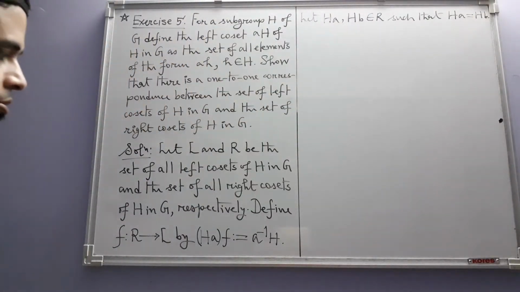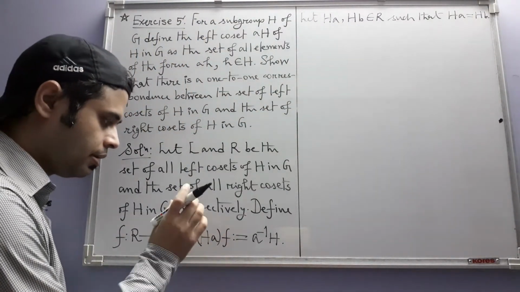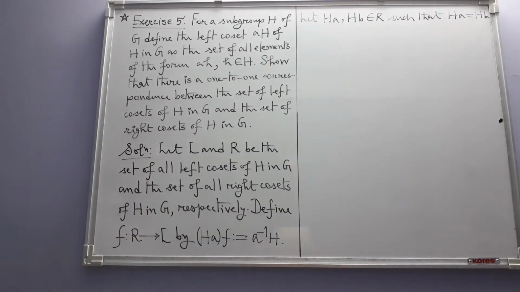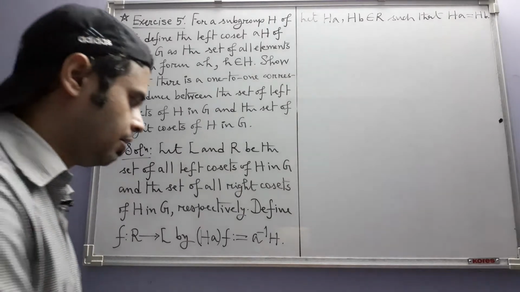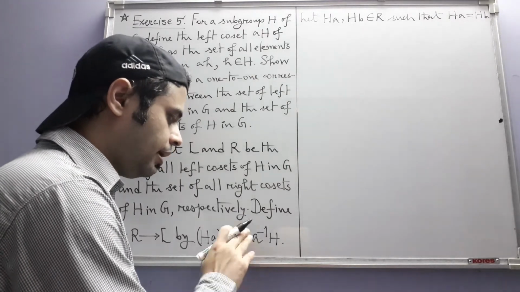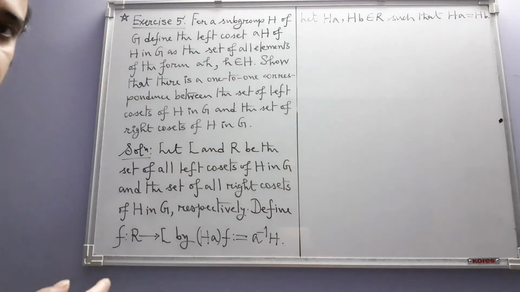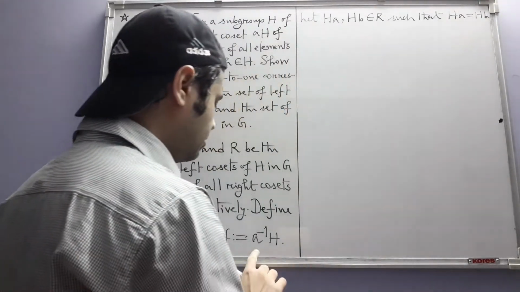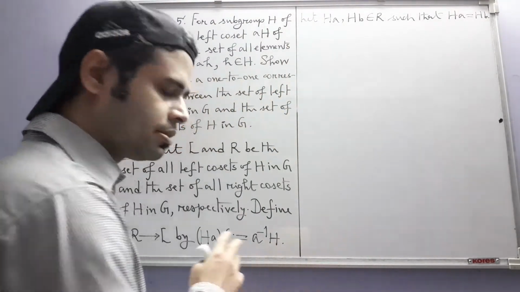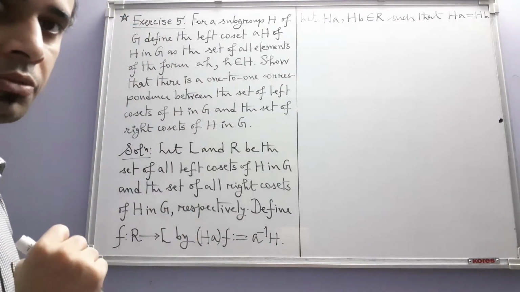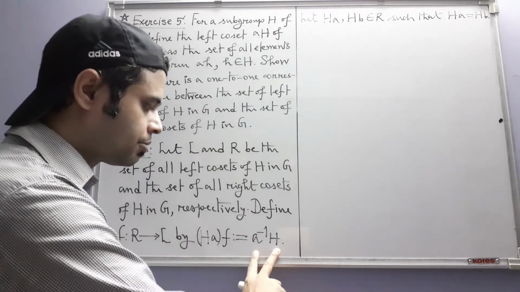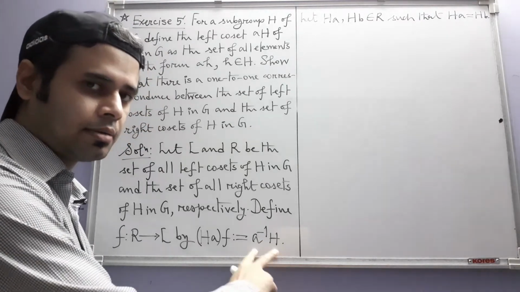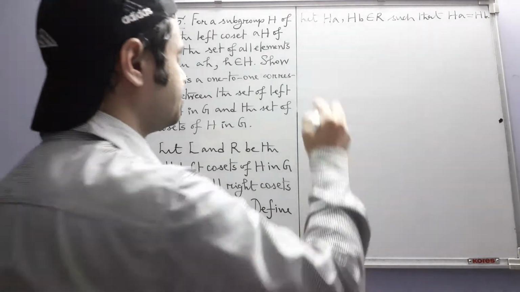Our aim now is to show that f of Ha is equal to f of Hb. That means their f images are equal, or in other words, a inverse H should be equal to b inverse H. So we have to prove that. So that we will do, since we have to show an equality of two sets. So we will prove first of all that a inverse H is a subset of b inverse H.